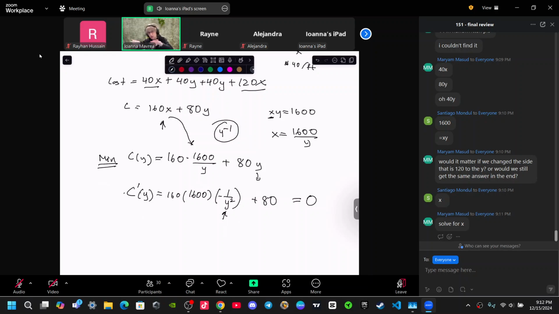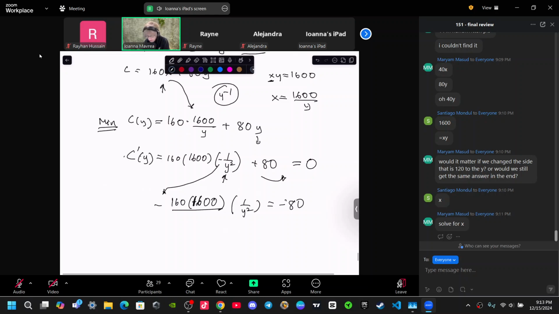So I'm going to solve for y. I'm going to separate the non-y stuff from the y, so I'm going to move this guy to the other side. Again, I don't care to simplify. I do not multiply this because at some point you'll be able to simplify stuff before you're forced to multiply anything. So negative 1 over y squared is equal to negative 80.